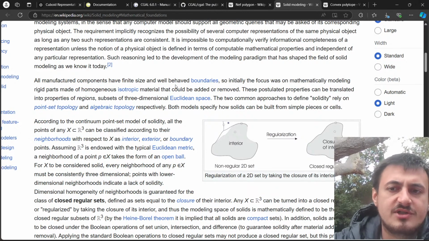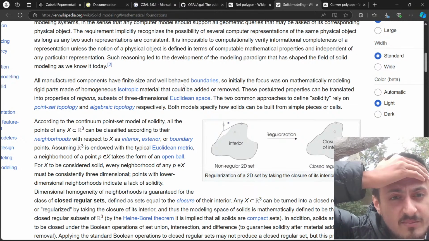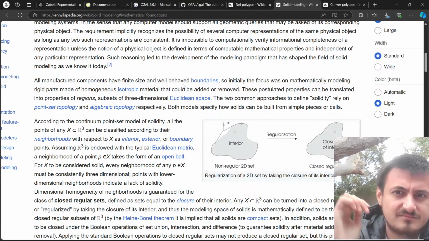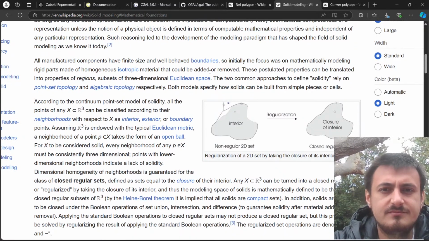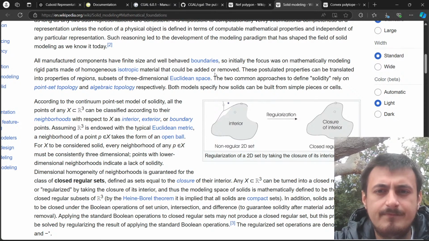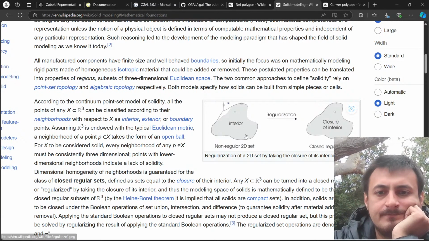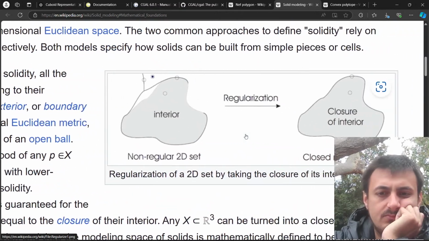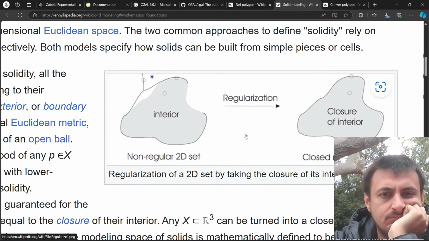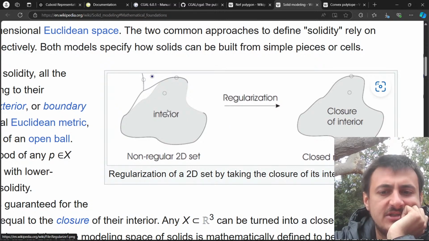So initially, the focus was on mathematically modeling rigid parts made of homogeneous isotropic material. I actually have no idea what this is trying to tell me.